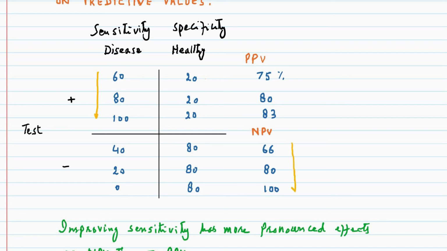And when the sensitivity of test reaches to 100%, the negative predictive value also becomes 100%. We have observed this in example of blood glucose level. There is some increase in positive predictive value, but it's not to the extent like negative predictive value.